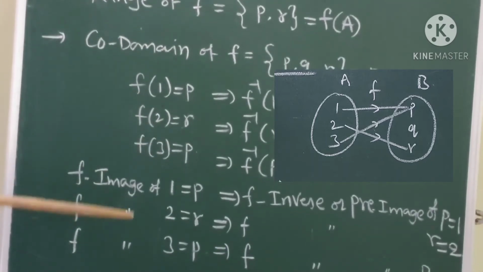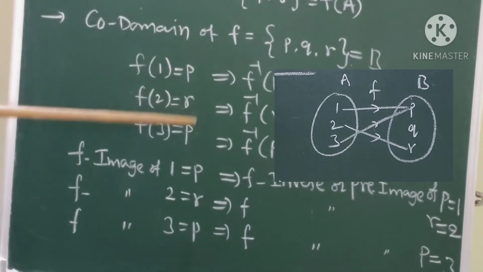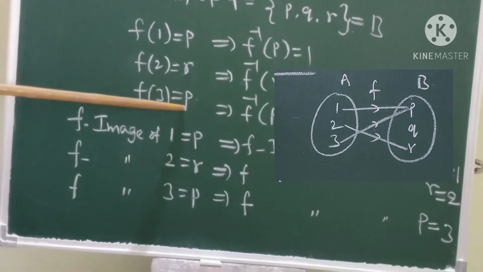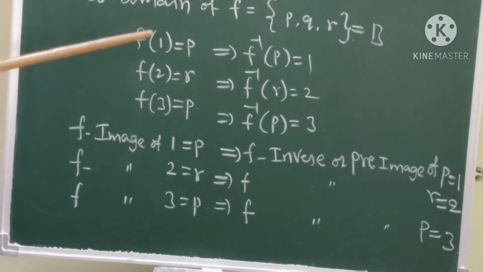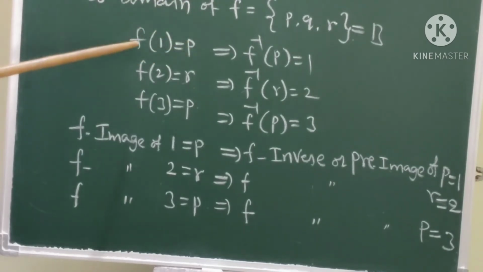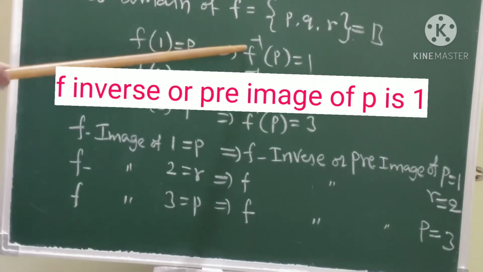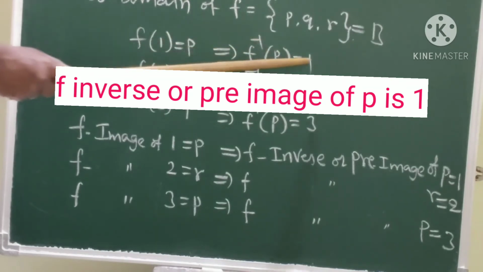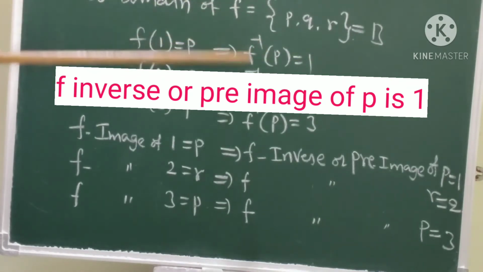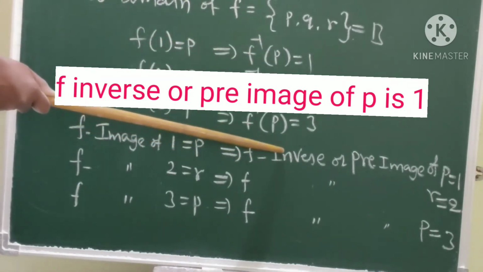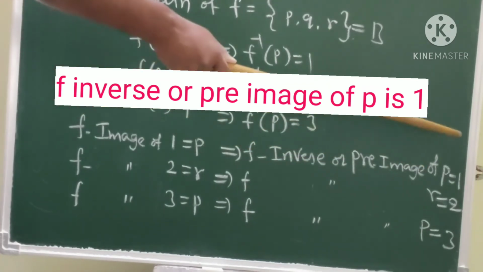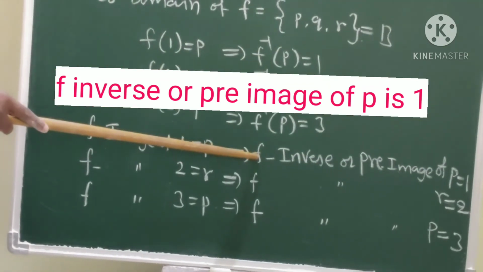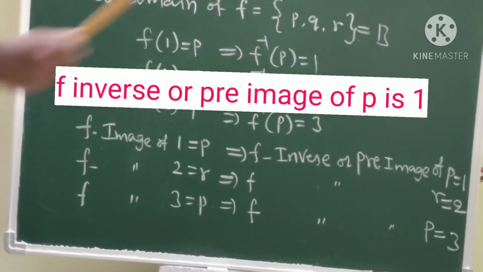So that means P, R, P are nothing but images. And similarly, we can write f inverse of P, taking f to the right side. That means f inverse of P is equal to 1. This can be read as f inverse, or we can say the pre-image of P is equal to 1.